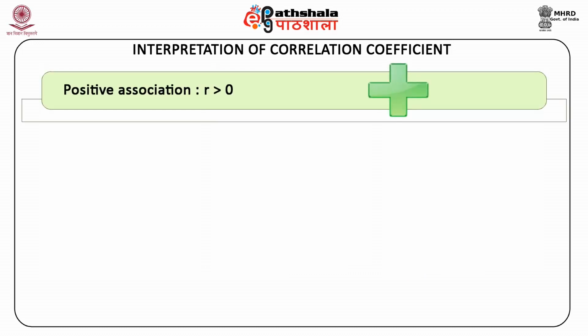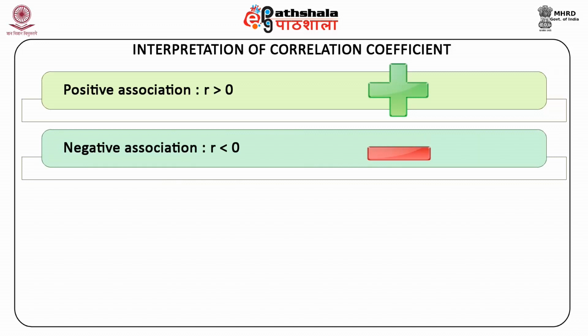Positive association is implied by a value greater than 0, which means that as the value of one variable increases, so does the value of the other variable. Negative association is implied by a value less than 0, which means that as the value of one variable increases, the value of the other variable decreases.